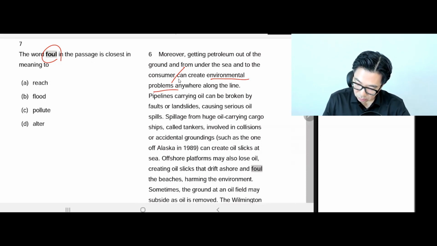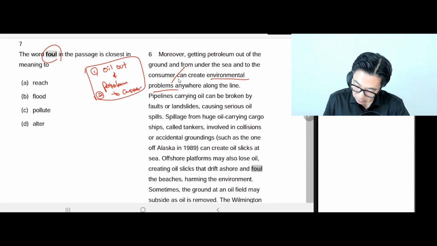So getting the oil out, plus getting this petroleum to people, these two processes could create environmental problems.